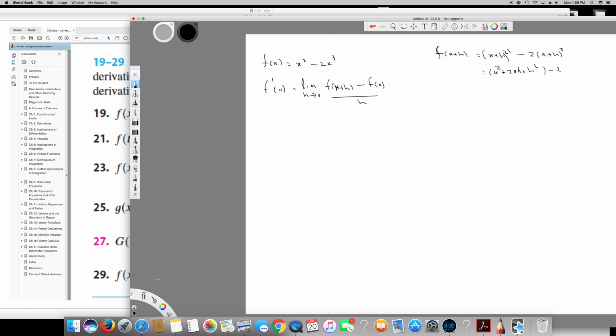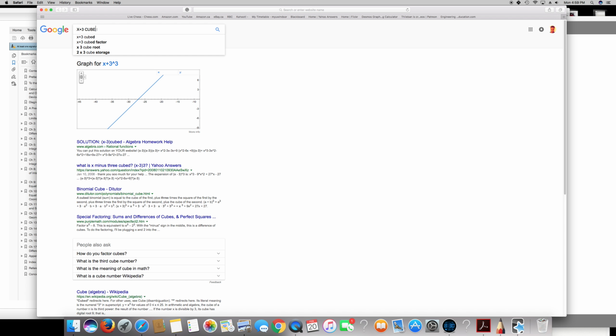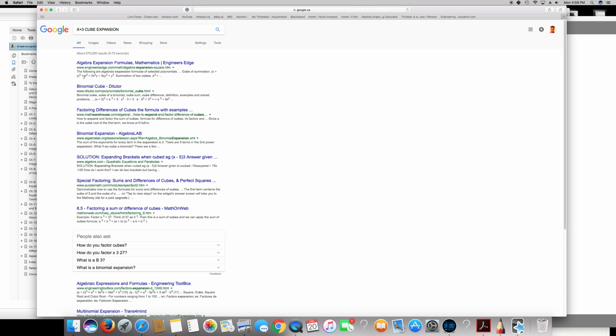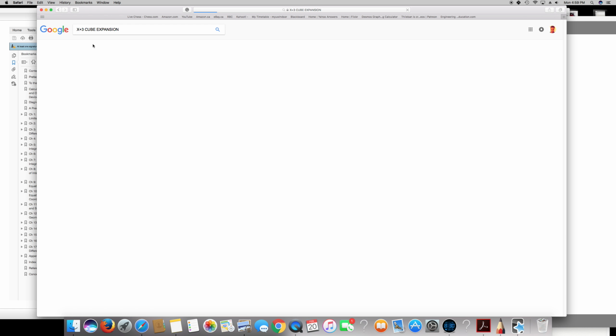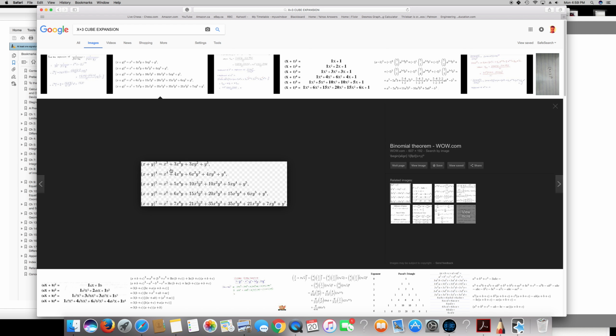There's a formula to expand this cube function, so (x plus h) cubed. These are the formulas for expansion of cube functions.